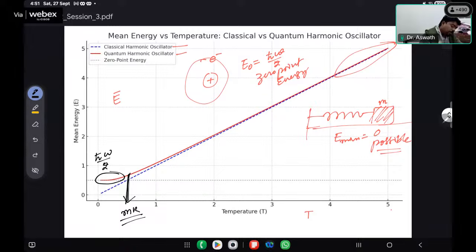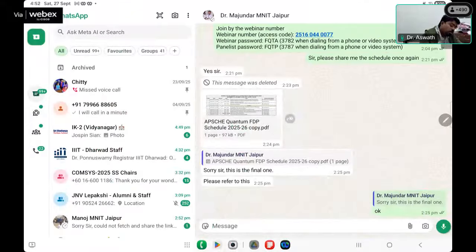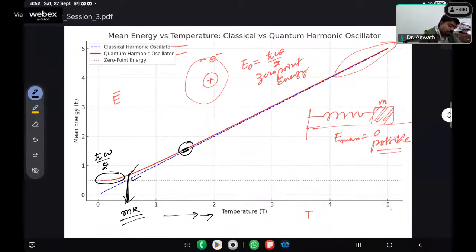So where the quantum and classical regimes are nicely separated. As temperature goes higher and higher, what happens? The closeness between quantum and classical is very narrow. So I might lose what is quantumness and what is classicalness.